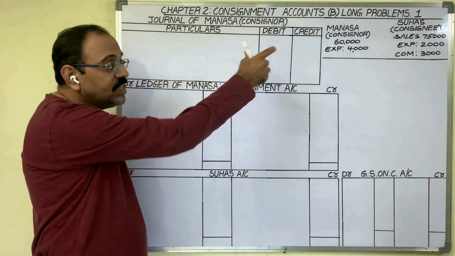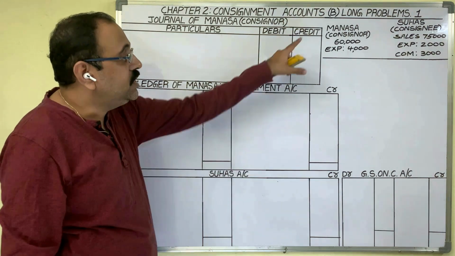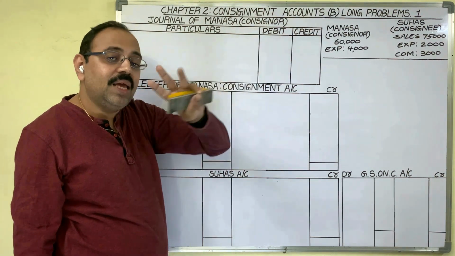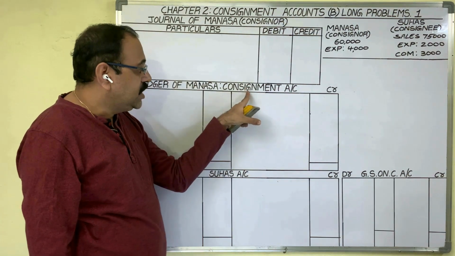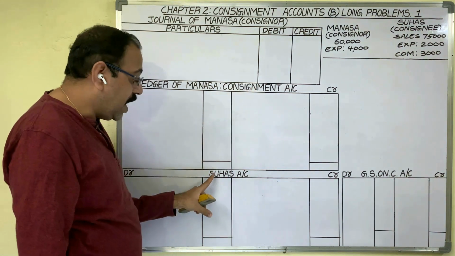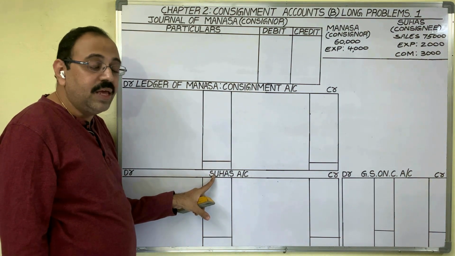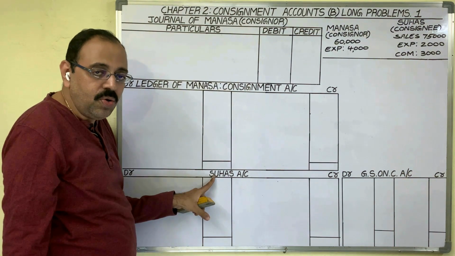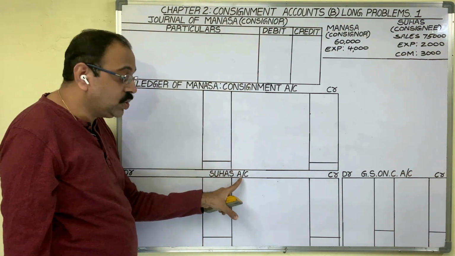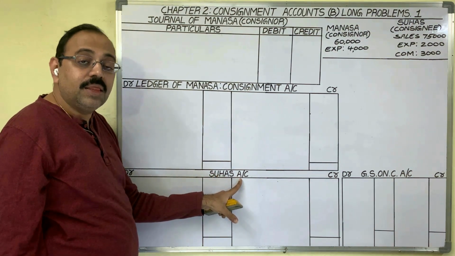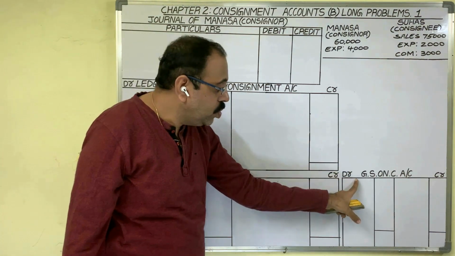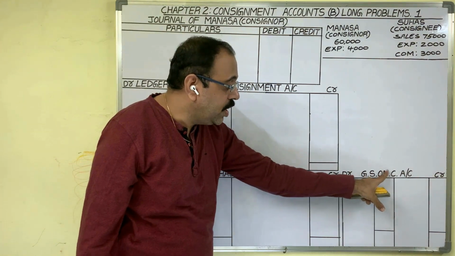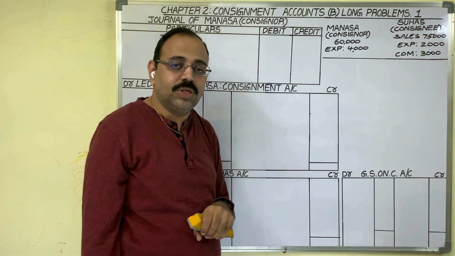In case of consignment business, the consignor prepares 3 accounts: consignment account, consignee account, here the consignee's name is Suhas, so the second account is Suhas account, and the third account is goods sent on consignment account.